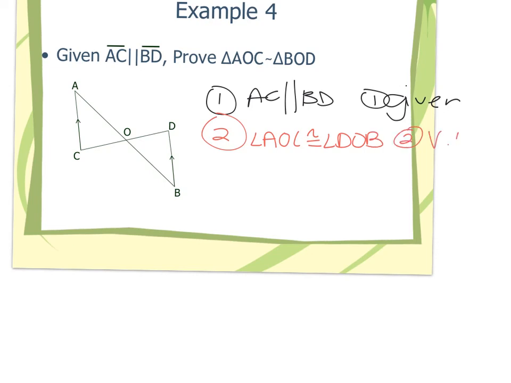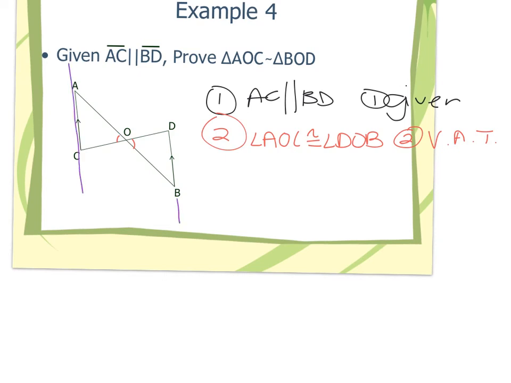And that is the vertical angles theorem. So this one matches this one. Then what? Not corresponding, so think, yeah.